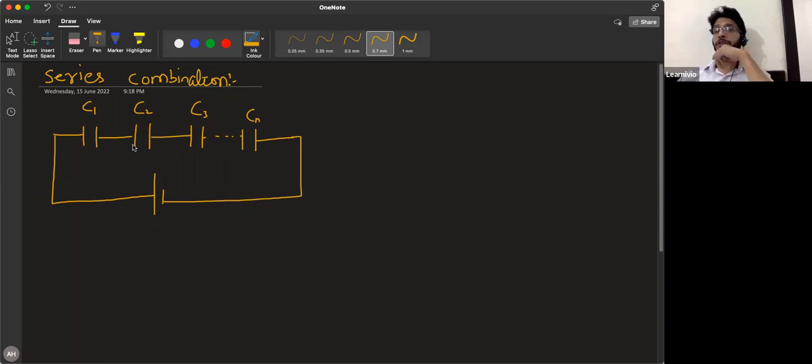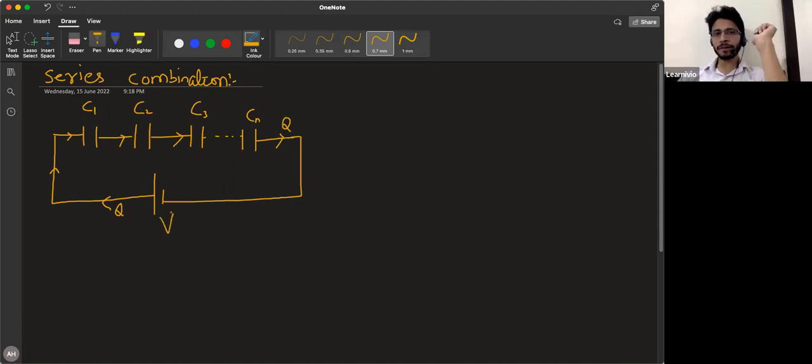See, there is no division, there is no branching here. If some charge Q travels from the cell, then the same charge will go here, here, here, and here. There is no division of charge. Charge will divide when you have branching. There is no branching, so charge will not divide.